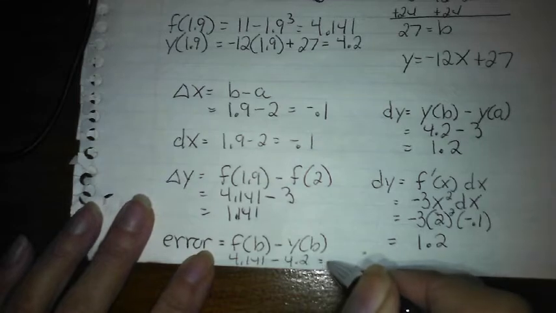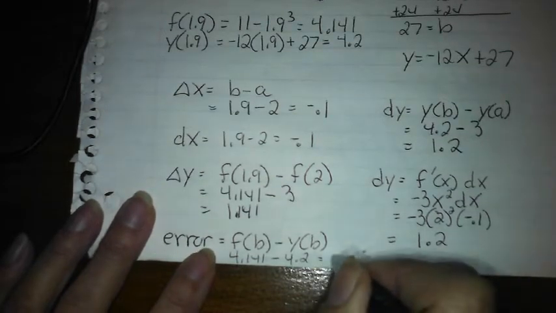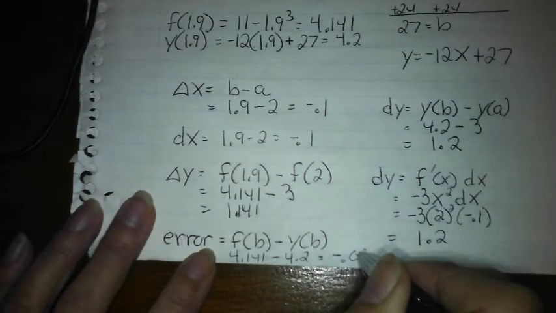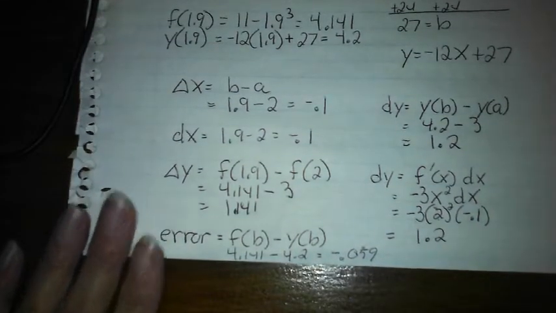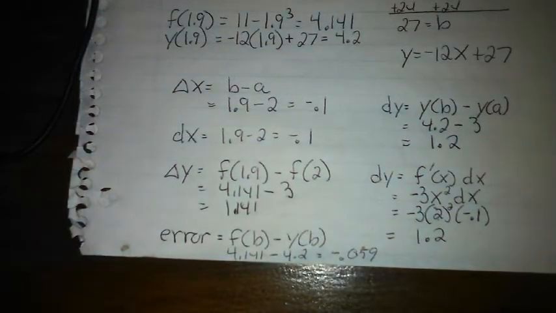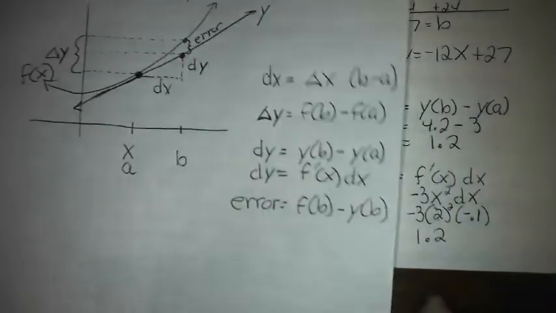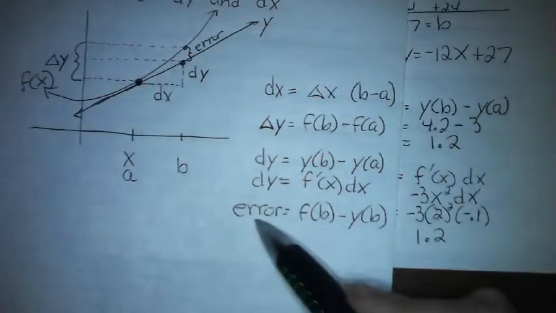So we have a negative error, negative 0.059. Okay, that's everything.